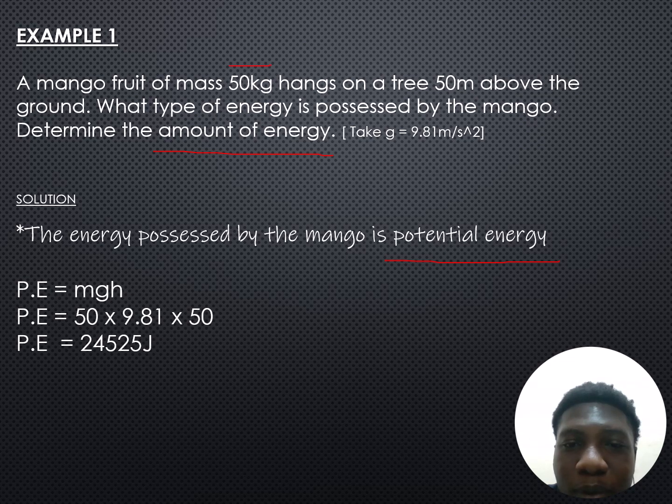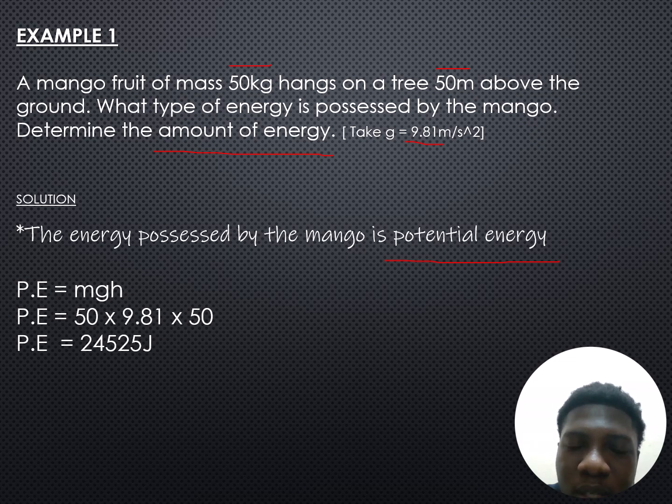We have our mass to be 50, our gravity to be 9.81. In some questions you see it should be 10, but I think the actual value is 9.81 something, and we are using 9.81 for this video. So our mass is 50 kilograms, our height is 50 meters, and our gravity is 9.81.